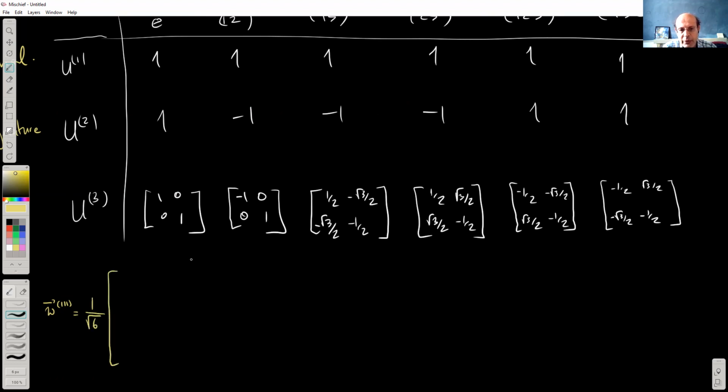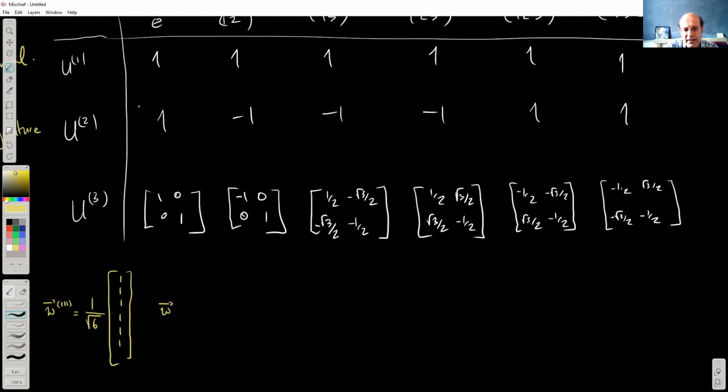What we do for the first representation, the 1,1 matrix element, is list all of these numbers in a column vector of dimension 6. Sorry about this. This is a 6-dimensional column vector. So that's my first vector. You can see that it is normalized.